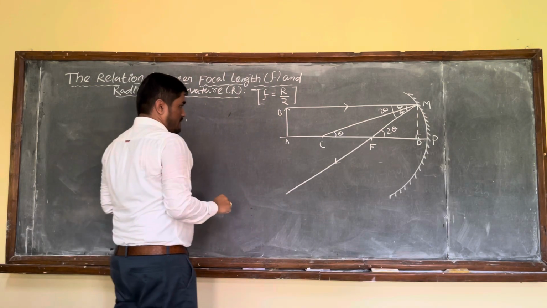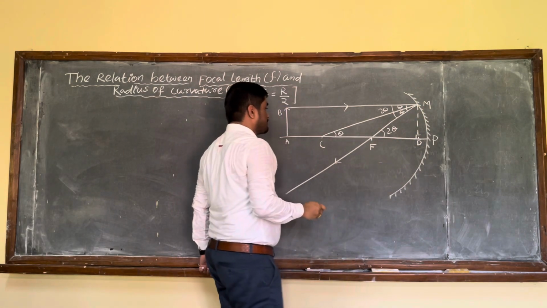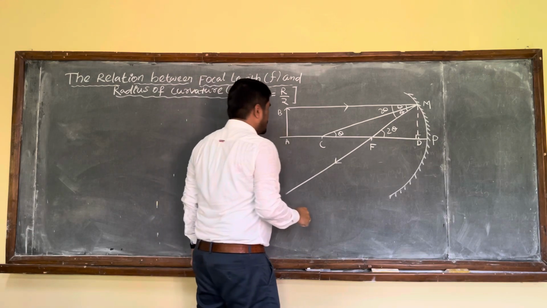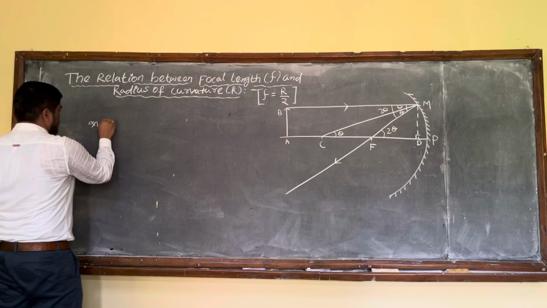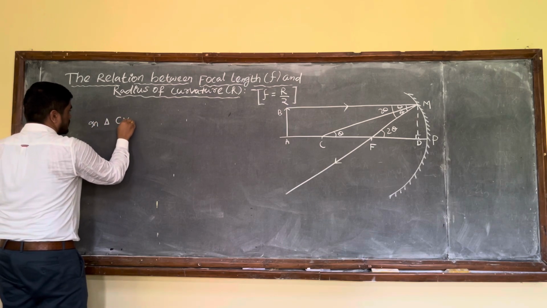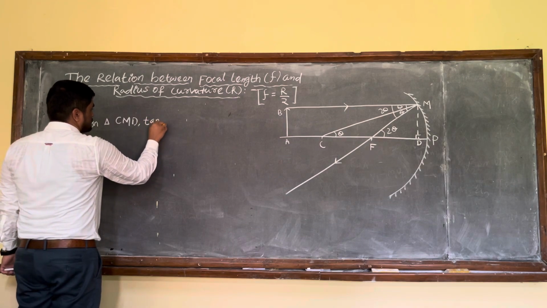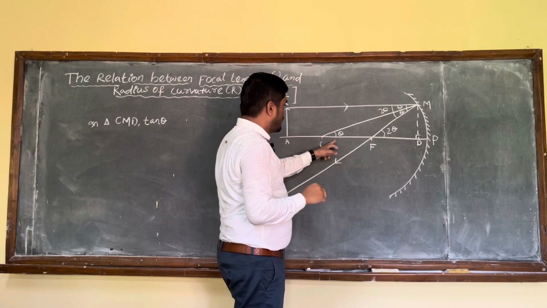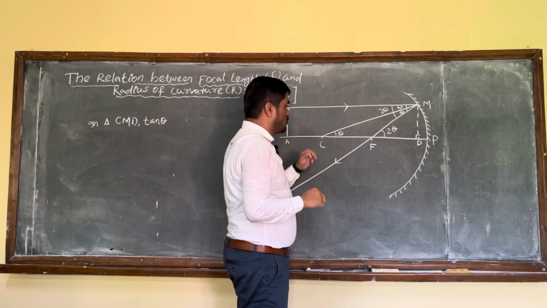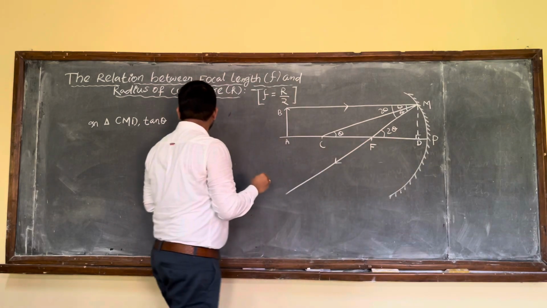First, take triangle CMD. In triangle CMD, this angle is theta, so tan theta will be MD divided by CD.